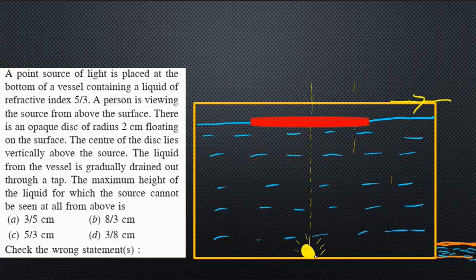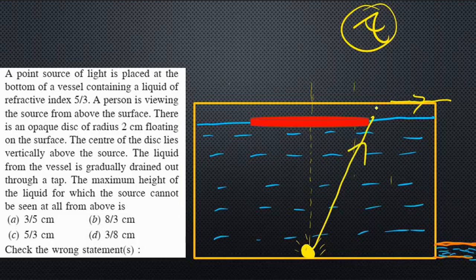Now the point source is right here. Our condition is the source cannot be seen at all from above. The light can be seen only if a ray goes along the surface and comes to our eye, something like this. So this opaque disc will cover the rays coming out of the surface up to a certain level.